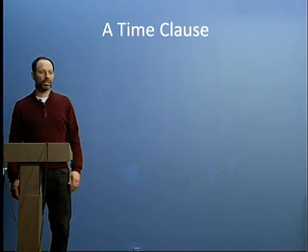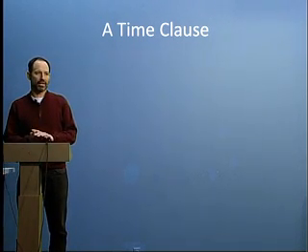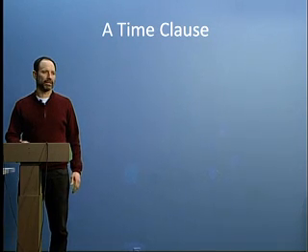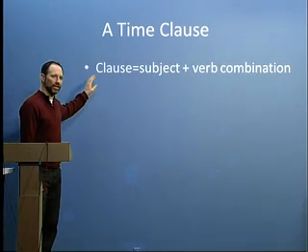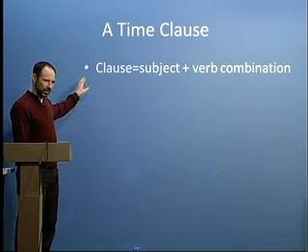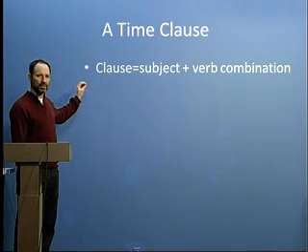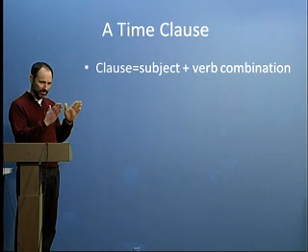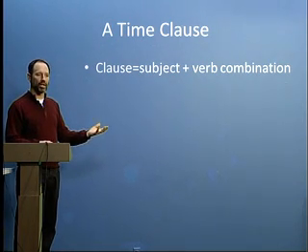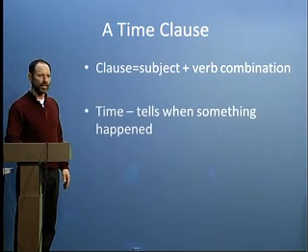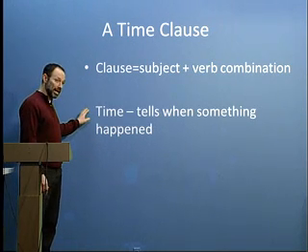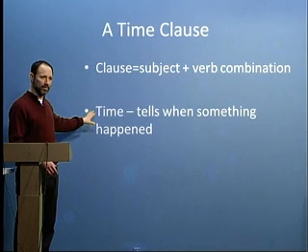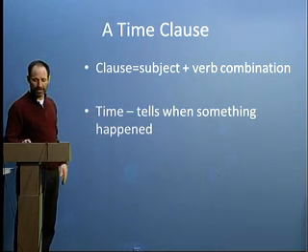So, we're talking about time clauses today, and when I say a time clause, let me explain what I mean. First of all, a clause. A clause is a subject plus verb combination. So I combine a subject and verb together to get one meaning. Now, when I say a time clause, it's a clause that's going to tell me when something happened.